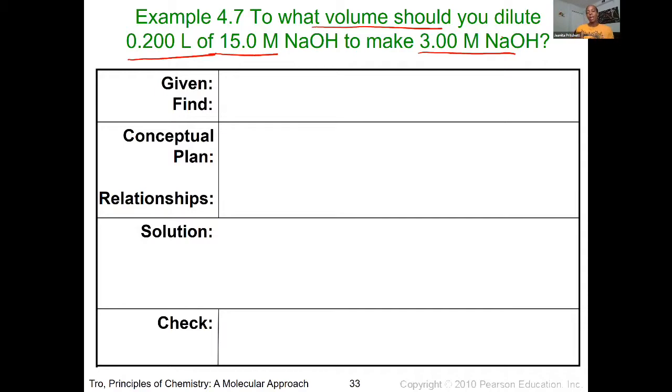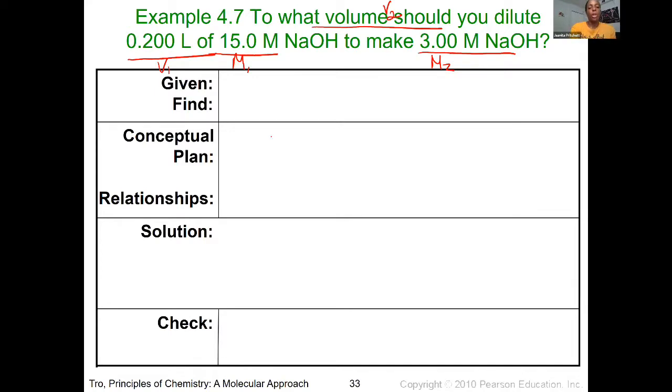I always like to label and identify what I know and what I'm solving for, so I know where to plug things into my equation. The 0.20 liters of 15.0 molar sodium hydroxide represent our original, more concentrated conditions, whereas the 3.0 represents my diluted condition. Therefore the volume I'm solving for would be the diluted volume.